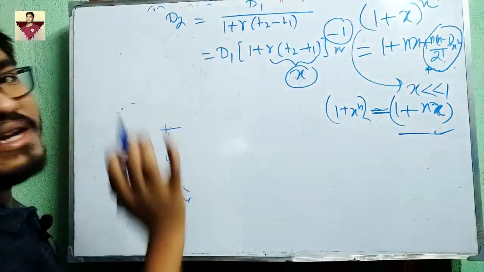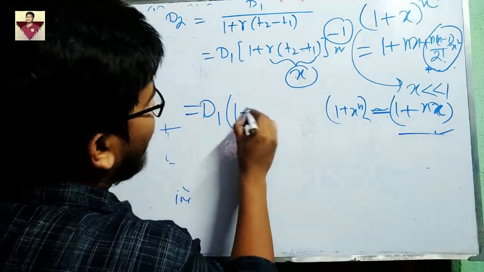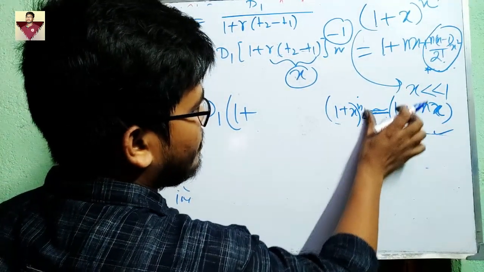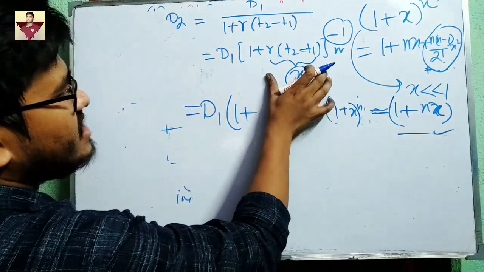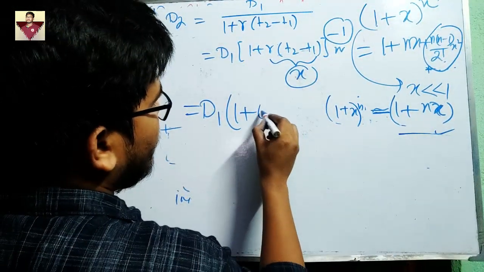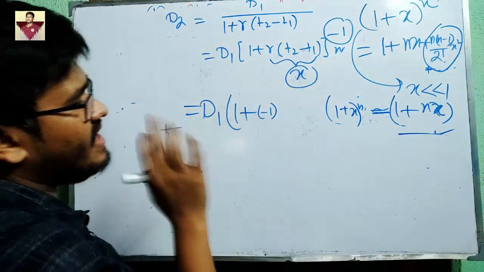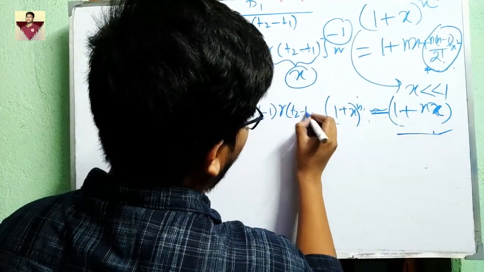Then you can write this equation as d1 times 1 plus n x. Here n is minus 1, and x is gamma into T2 minus T1.